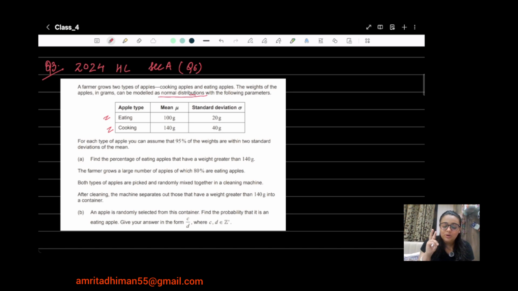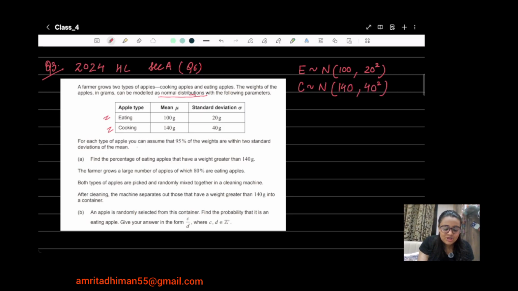For the eating one, mu is 100 gram and the standard deviation is 20, so we have a normal distribution with mean 100 and 20 squared as the variance, and for the cooking apple we have mean 140 and 40 squared as the variance.